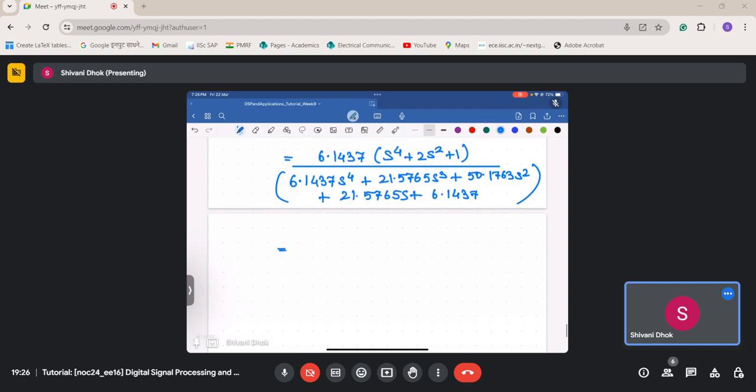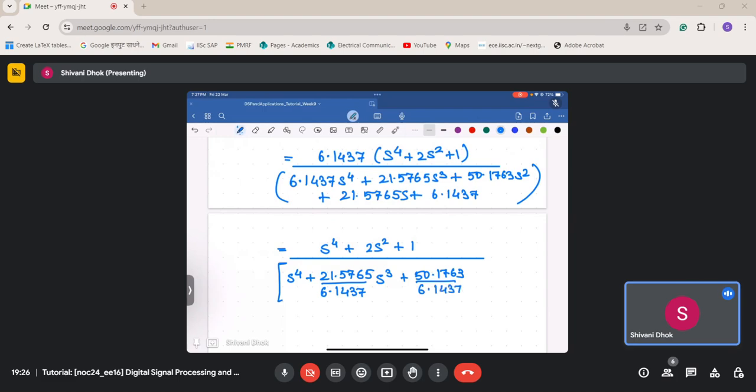So what we have is S to the power 4 plus 2S square plus 1 whole thing divided by S to the power 4 plus 21.5765 divided by 6.1437 S cube plus 50.1763 upon 6.1437 S square plus 21.5765 upon 6.1437 S plus 1.